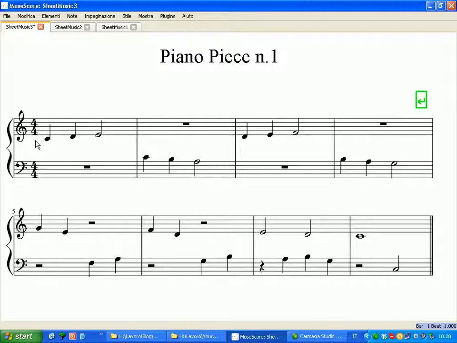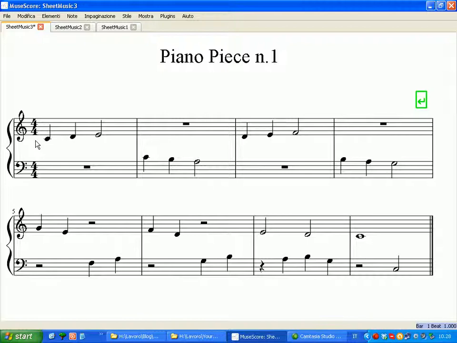So this is very important. These two numbers are the essential things that we have to know before we start finding the correct duration of every note. This is the first thing we have to consider: that we have 4 beats in each bar, and each beat lasts 1/4 of a bar, which means it will last a quarter note.